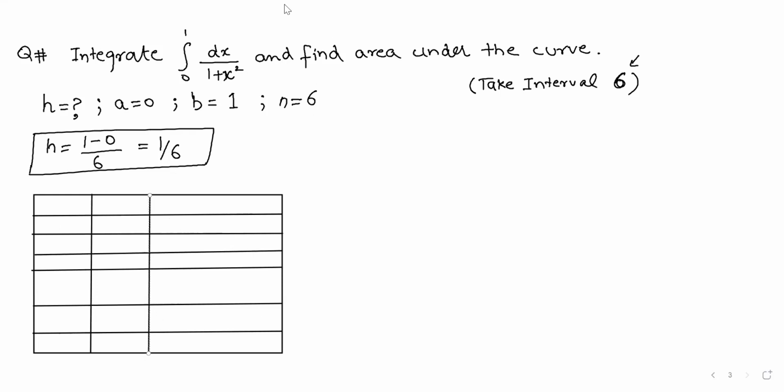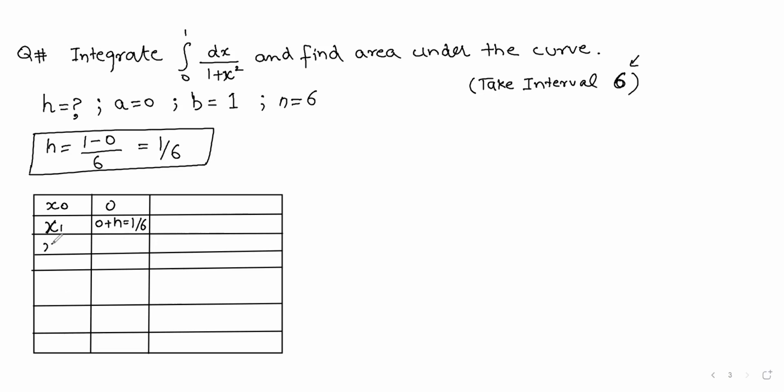Okay, so in here, I will write x naught. What is x naught? Can anyone tell me x naught? x naught means the first value. x naught will start with 0. And then x1. What will be the x1? x1 will be equal to 0 plus h, which will be equal to 1 by 6, right?